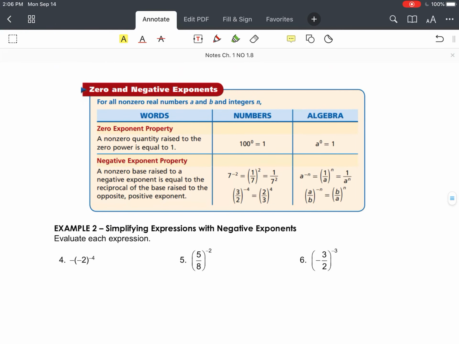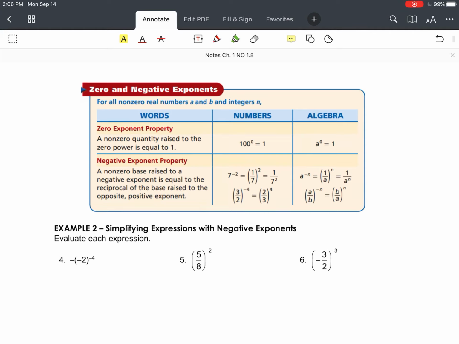Now we have 0 and negative exponents. The 0 exponent property says anything that you raise to the 0 power is going to equal 1. So no matter what number, other than 0, you can't have a base of 0, but anything else, when you raise it to the 0 power, it will give you the answer of 1. So we're going to be substituting 1 in for things raised to the 0 power often.